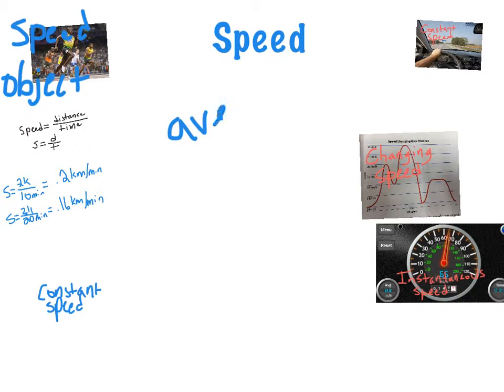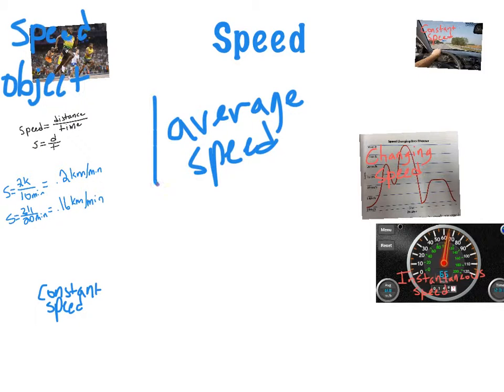So the next blank is average speed. So in the bike example, if you took 0.5 hours to get to your friend's house and your friend lives 5 kilometers away, your average speed, so write average speed again, was 10 kilometers per hour.